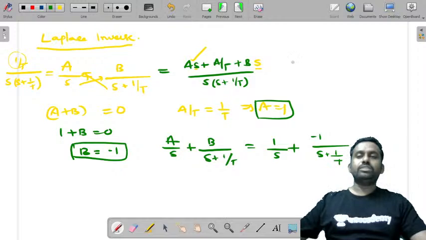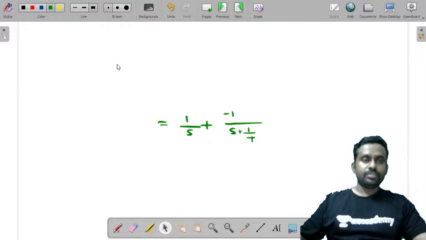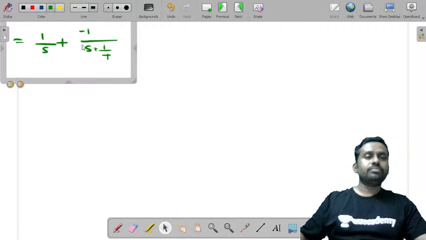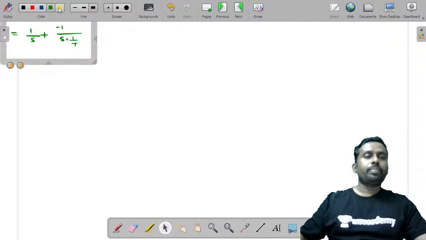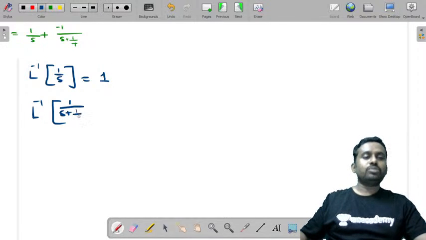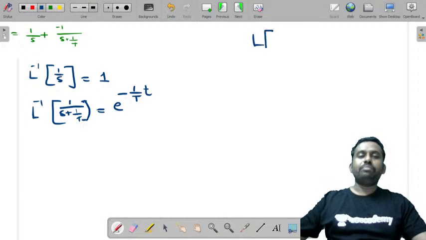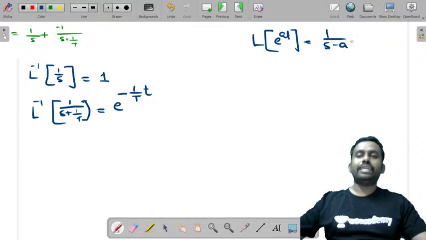Now if you take Laplace inverse of this, individually I am taking 1 by s is 1 or u of t, and Laplace inverse of 1 by s plus 1 by T is equal to e power minus 1 by T into t, because Laplace of e power at is equal to 1 by s minus a.